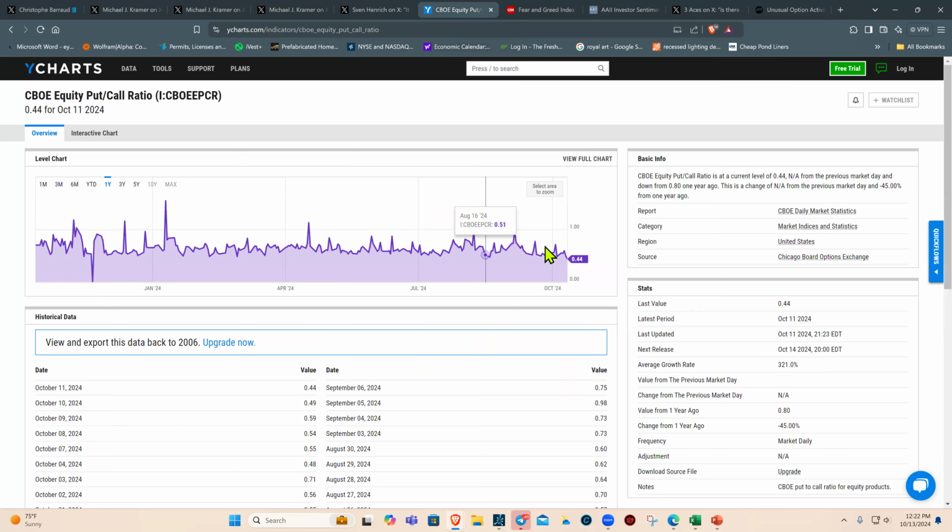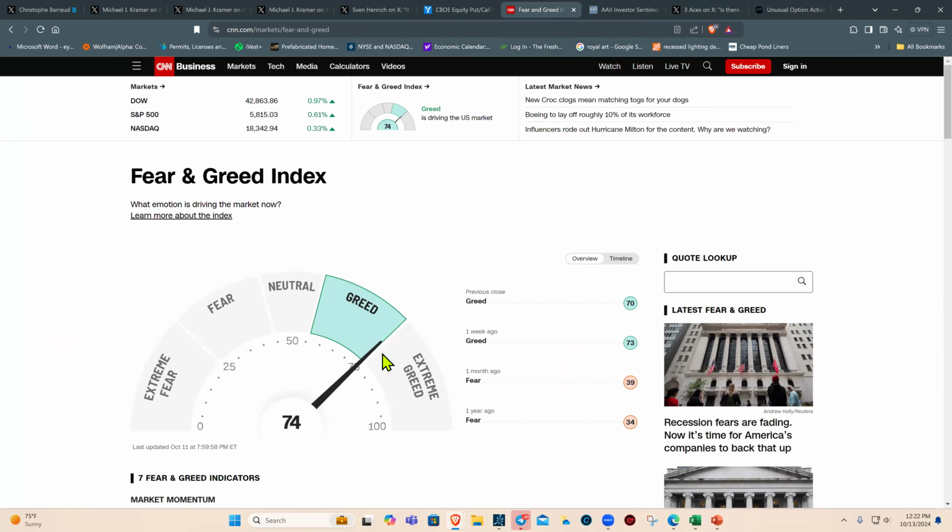I want to share the put-call, which is down here. Again, to me, this is more of a complacency thing at this point. That put-call is that low, people are not that concerned. This is where the rolling complacency sort of gets established. You can see that you're even a little higher than you were.